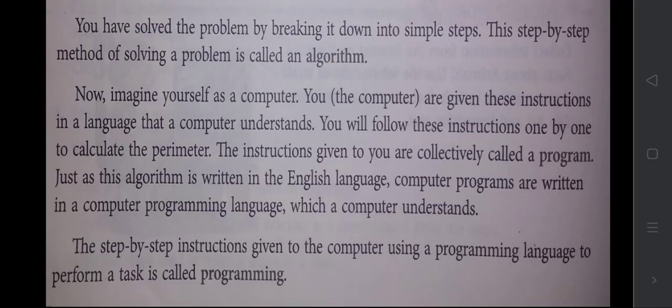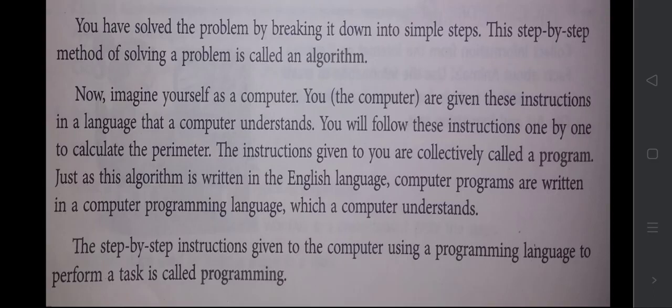What are all the instructions I'm giving you to find out the perimeter? Take the value of length, take the value of breadth, then add them, then multiply by 2. So these are all the instructions. All instructions together are collectively called a program.